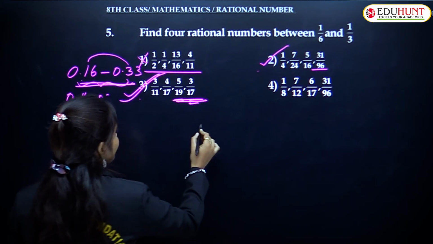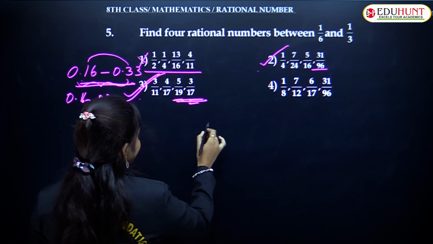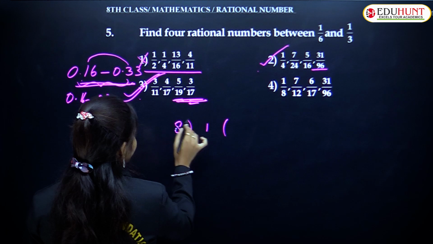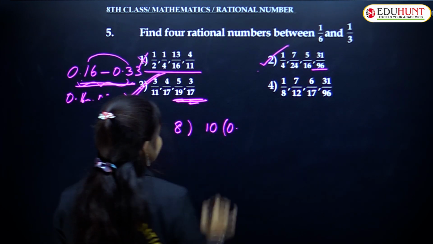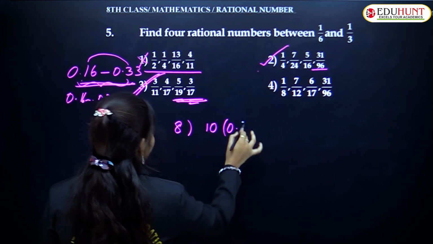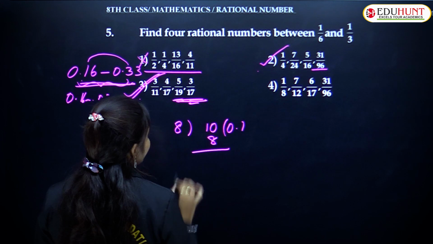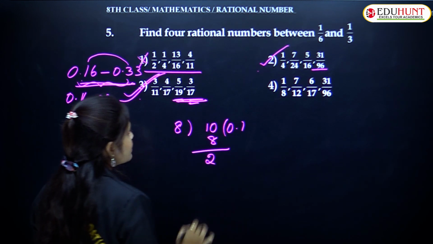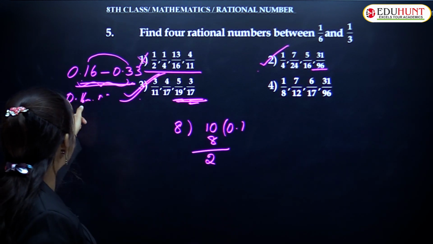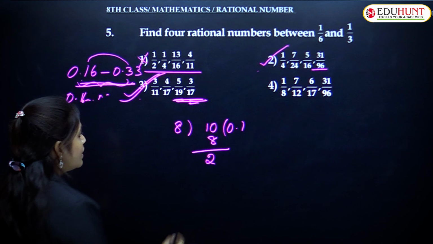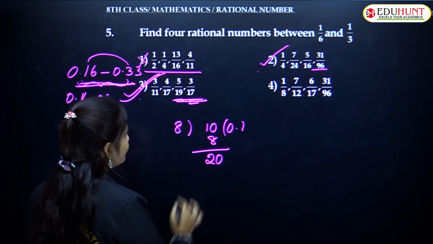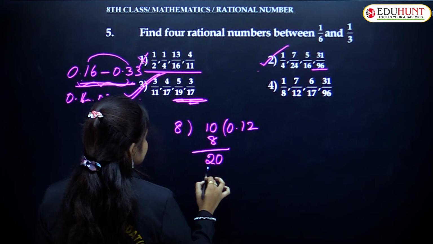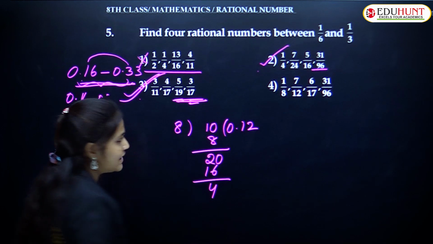So children, see here what is that? 1 divided by 8, 0 and here 0 point. So 8 ones are 8 here. So 10 minus 8 is 2. Okay, so 0.1, we need here 0.16 onwards. So that's why here keep that 0. So 8 twos are 16. So the remainder is 4.